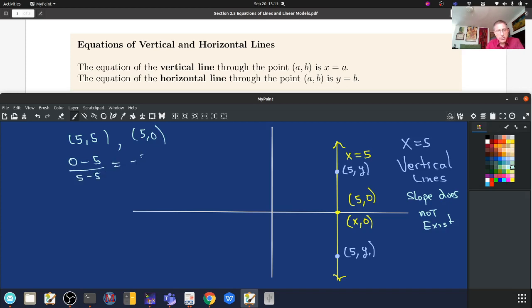The numerator is no problem, but the denominator is 0, and we cannot divide by 0. Hence, slope is undefined.